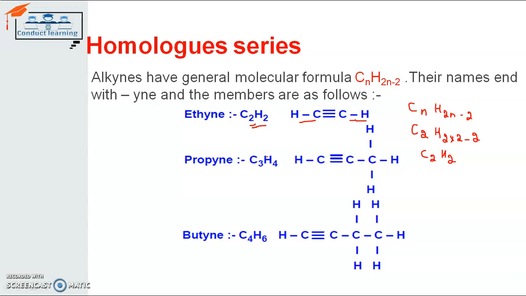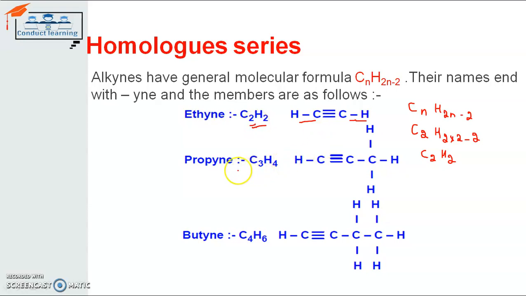Otherwise, their chemical properties are the same, and their structure is also the same. So propyne is different from ethyne by just the count of the number of carbon atoms and hydrogen atoms.